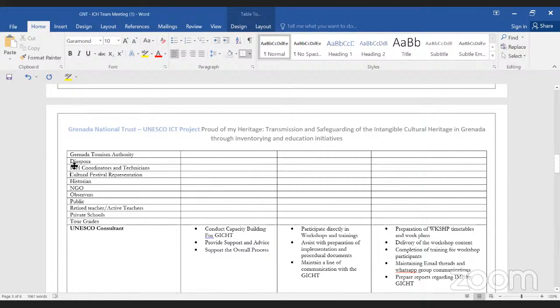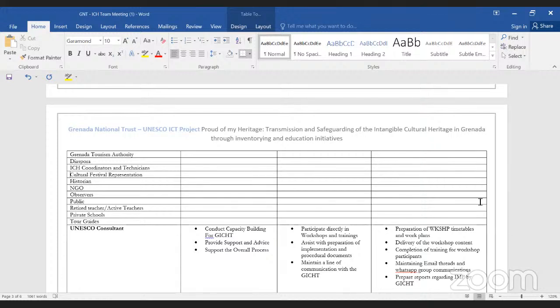So the way that we are thinking, maybe there will be 4 ICH coordinators, and within their respective teams, 4, 5, or 6 persons with different backgrounds and expertise, like ICH experts, researchers, journalists, photographers, and so on, in terms of having this complete team.